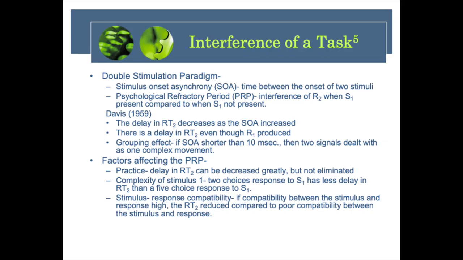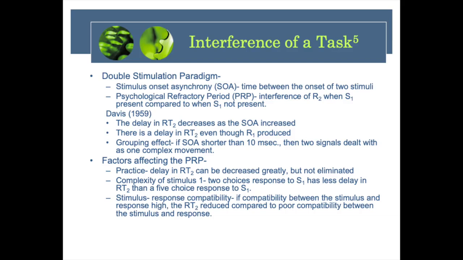And again, very much like we would predict based on what we've already talked about, there is stimulus response compatibility. If there's high compatibility between the stimuli and the response, something that you've already learned, something that makes logical sense or is spatially compatible, like light on left, left hand, those are going to have shorter response times than if the compatibility is not as strong.